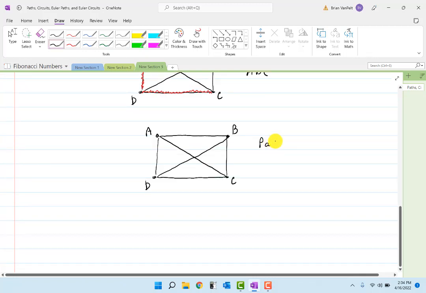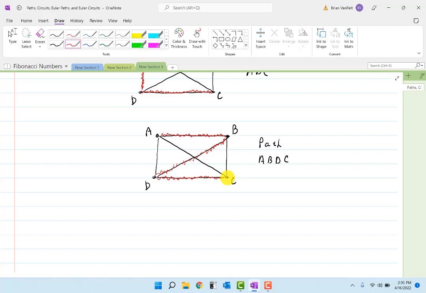Next we'll do path A, B, D, C. Like that. And so it's usually a good idea to make some sort of an indication of the edges as you've walked along and used them, because you can't reuse edges.